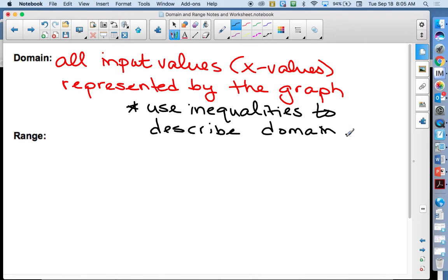So then if we look at the range, Melanie, what do you think the range is?